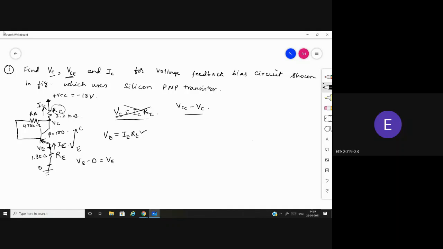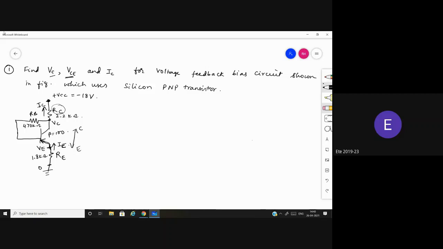That's why we have taken minus here. In many cases, 80% of them will use this one. Please don't use this one, because the voltage drop across RC is not VC. It is the difference between this voltage and this voltage.